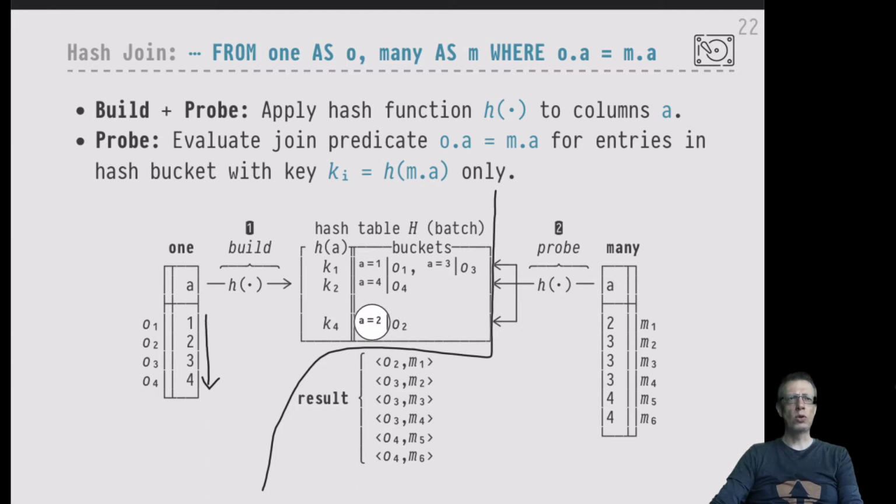We will also have an explicit indication here that the key value that has been used to place it here has been the value A equals 2. All right. So all of the rows of the build side are placed inside the hash table H here. Of course, there might be many rows in one particular bucket. So in this tiny example, there are already 2 rows placed in the hash bucket with key value K1.